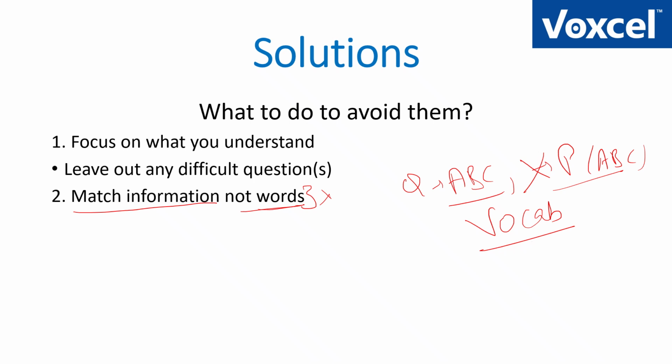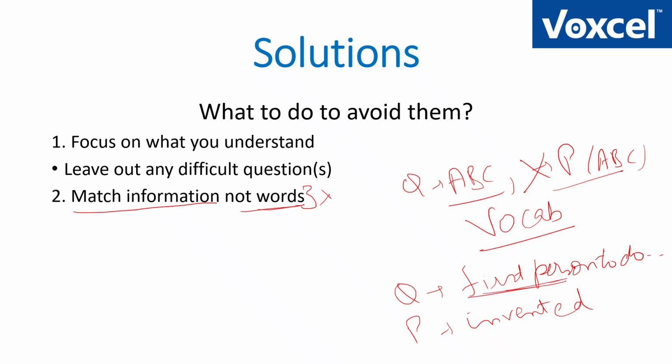Just say in the question it may be written 'first person to do this', and in the paragraph it could be written 'invented'. So if you are trying to find the words 'first person', you will not be able to find them.